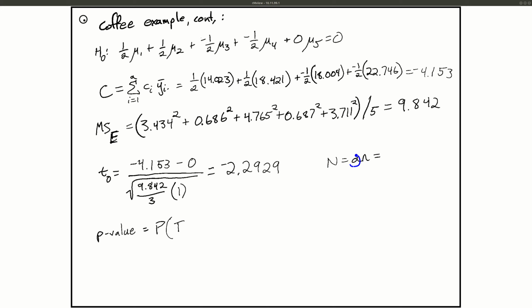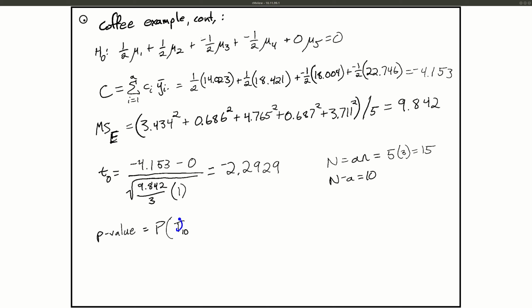We have 5 levels and 3 observations for each level, so that's 5 times 3. That would be 15 observations total. And again, a is 5, so big N minus a would be 10. That's our number of degrees of freedom we have for our mean squared error, and that would be the degrees of freedom we have for our T statistic here.